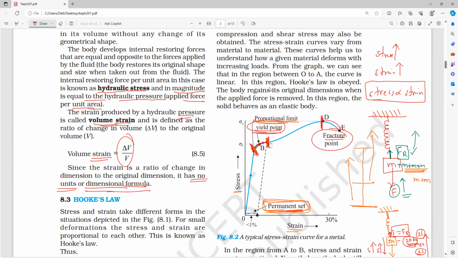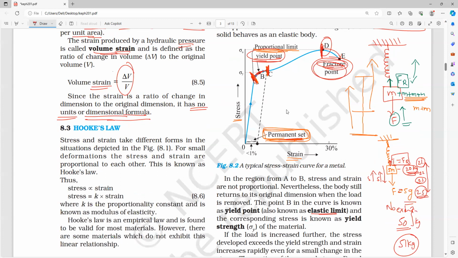Now up to here, the shape cannot be regained, but it can hold without breaking. But if it goes more than D, what will happen? By that time it has already crossed the stress and strain limits, so the spring will break. That is what we call the fracture point. So after that, what will happen? The spring will cut. So this is the typical stress-strain curve for a metal.